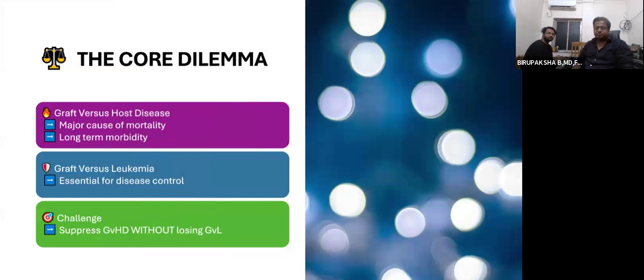So what's the dilemma? This has been discussed, the graft versus host disease, which is the major cause of mortality and long-term morbidity as well. The next one becomes very, very important: graft versus leukemia, or graft versus leukemic reaction.